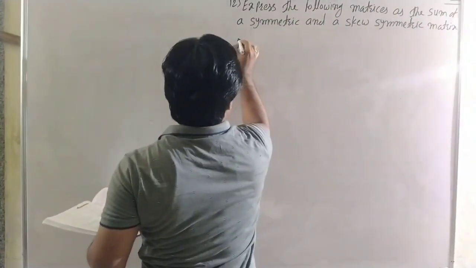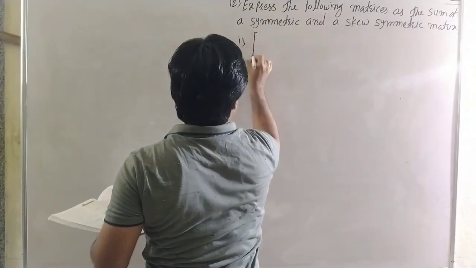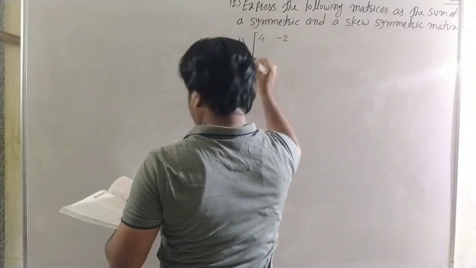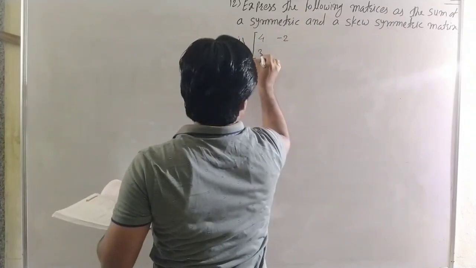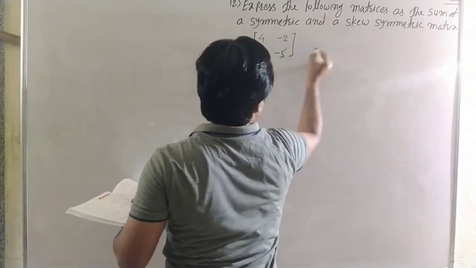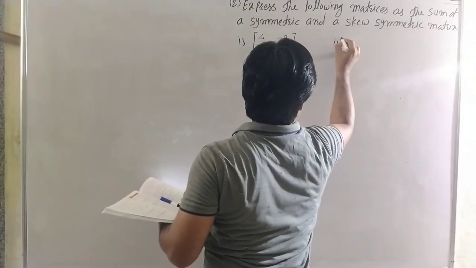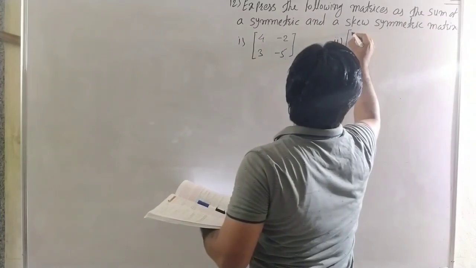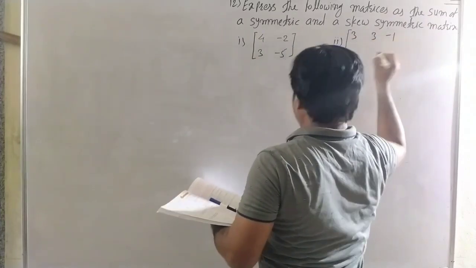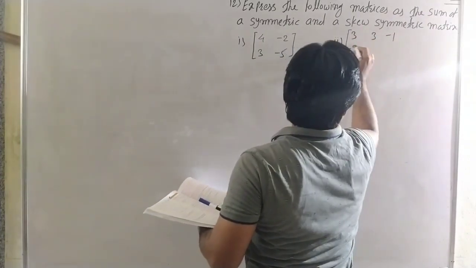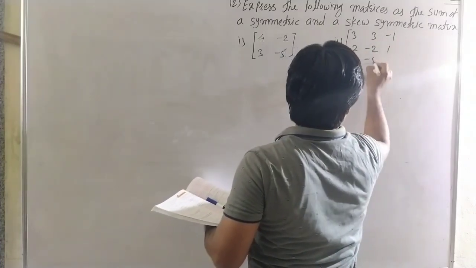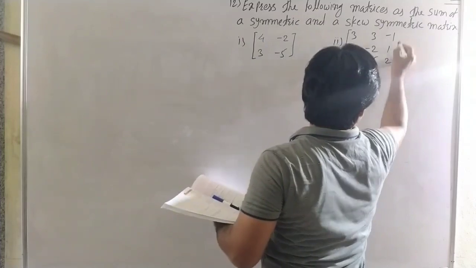Again, there are two examples. The example number 1, here it is 4 minus 2, 3 minus 5, and the second example is 3 minus 1, minus 2 1 minus 4 minus 5 2.